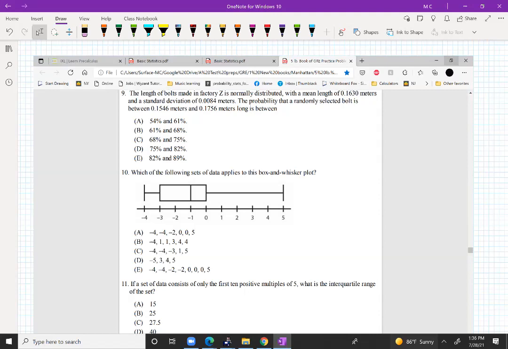Over 2, and then that's 2. 34, 13.5%. So 13. 42.